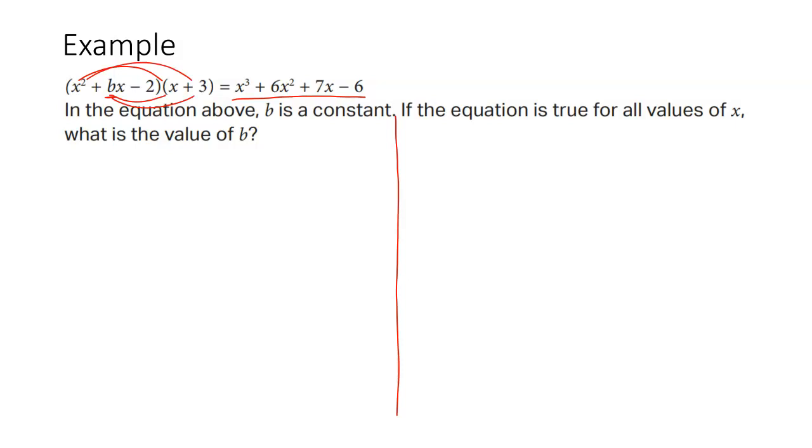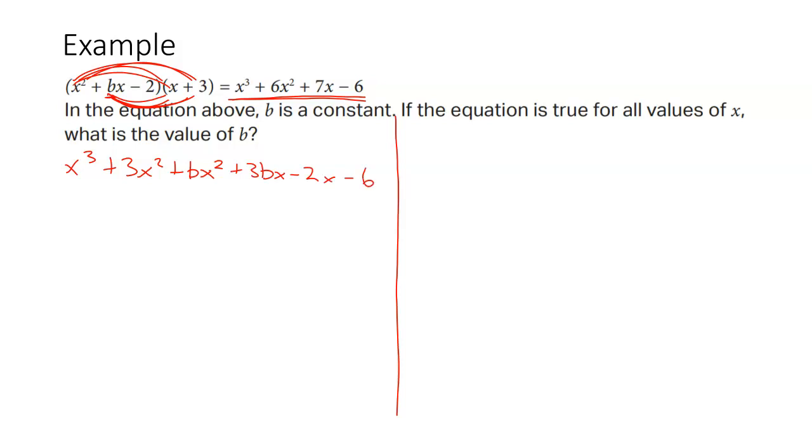I need to figure out what b has to be to get back to this expression. So x squared times x is x to the third. x squared gives me 3x squared. Here I get bx squared. And then I get plus 3bx minus 2x minus 6.